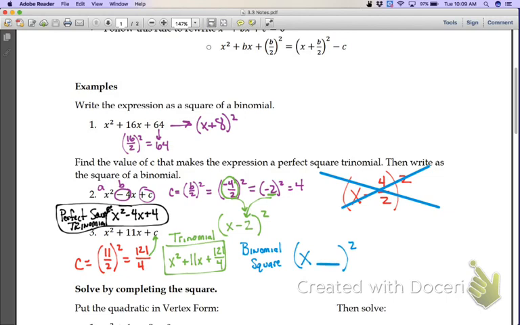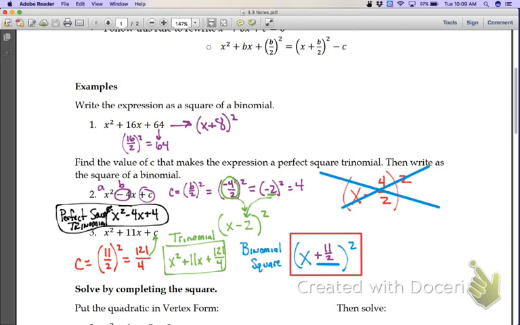It's going to go in that blank. Plus 11 over 2. There's my square of a binomial.